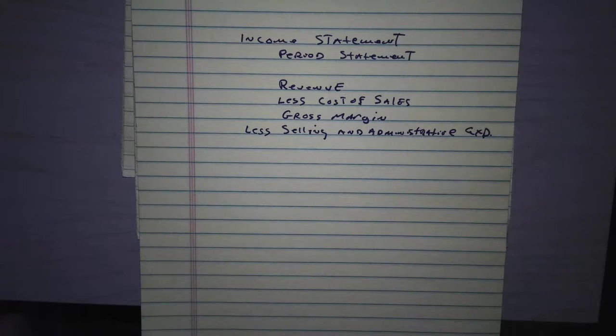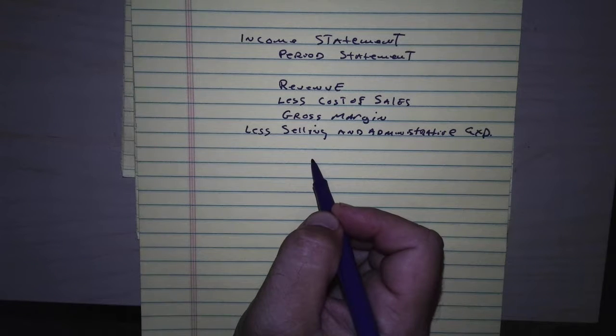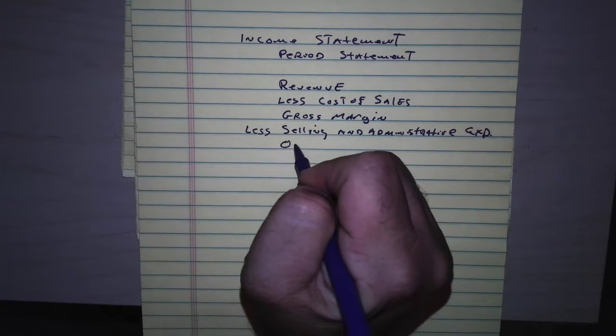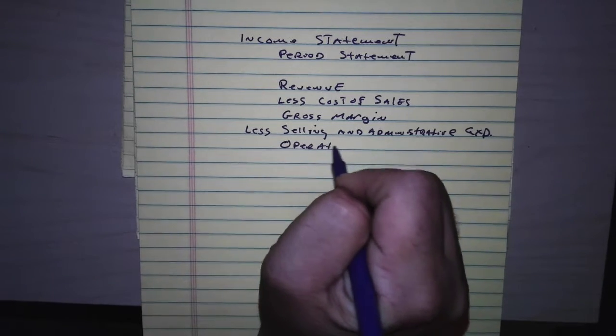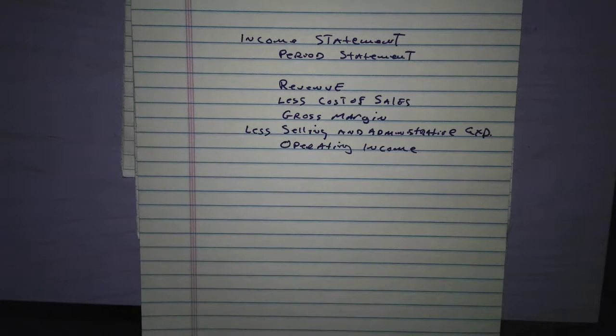So after we get to that part, those are all of our operating expenses. We would get to what we call operating income. Okay, and then a business always has some other things that they make money from.